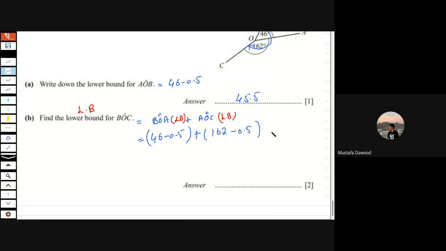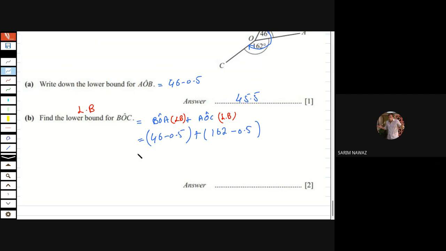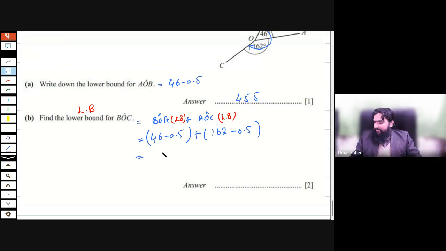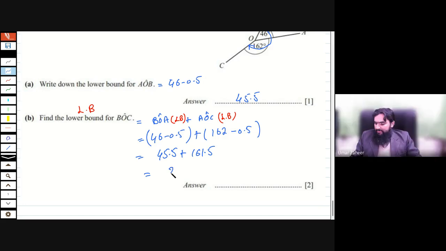Yes, sir. 46 minus 0.5 will be 45.5 plus 161.5. Please add the values. So 207 degree. This is the final answer.